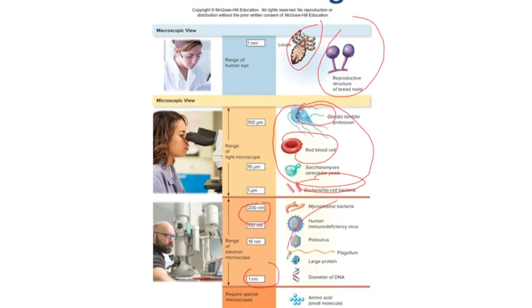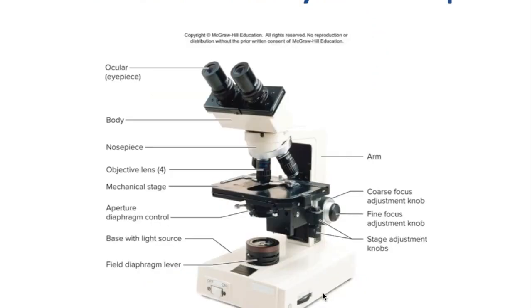For those we have to use the electron microscope. The smallest ones are the amino acids and atoms, so we have to use specific devices to visualize those particles.